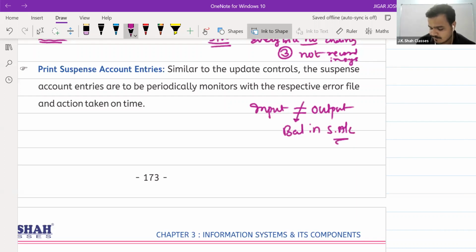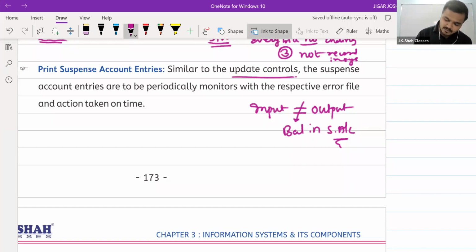Now the second most important thing, people, what you need to do: you have to take the printout of the suspense account details, so that one by one you can identify the errors. And if the error is in the software, then you can take corrective action for the software. Or if it is a human-related error, then you can provide the human with training so that the same mistakes do not happen again and again. Understood? Yes, sir.